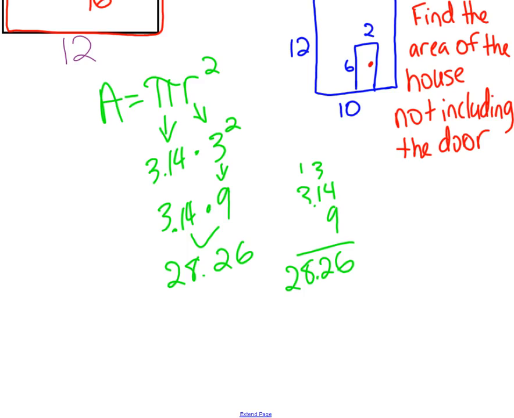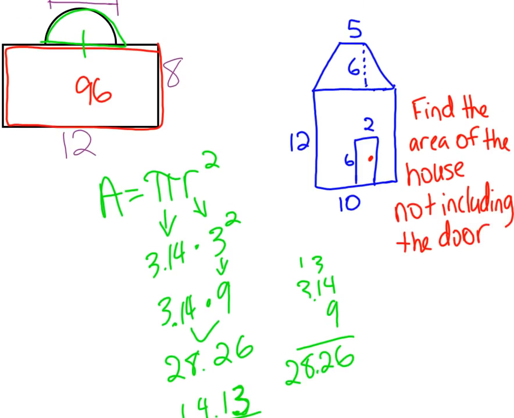That would be the area of what? Of the full circle, but we only want half of that, so we need to do 28.26 divided by 2, so we get 14.13. So the area of that half circle is 14.13. So we add that to 96, and you get 110.13.